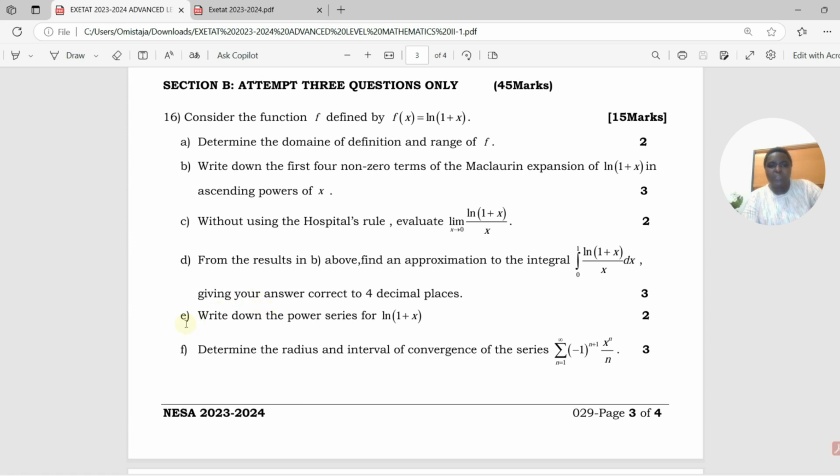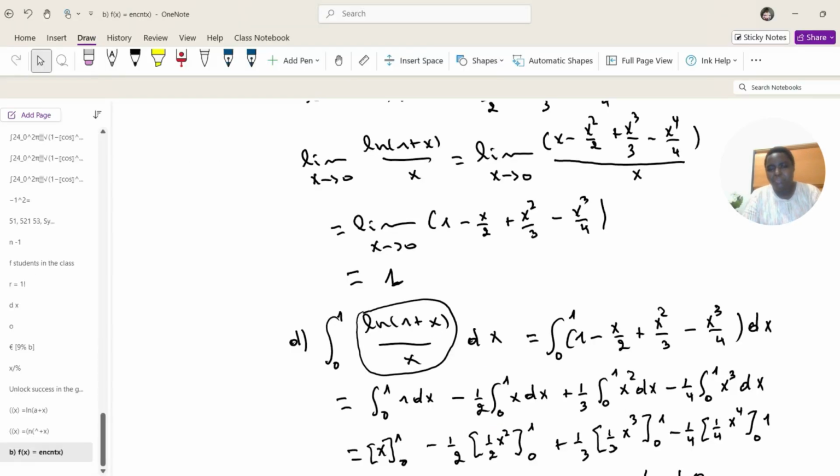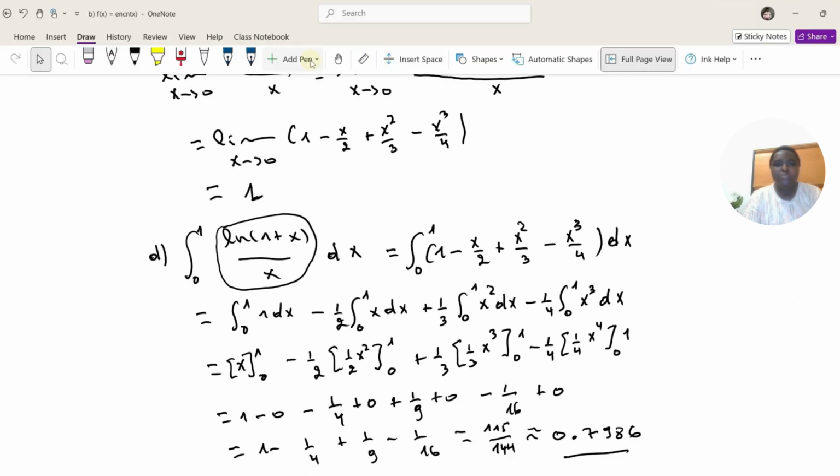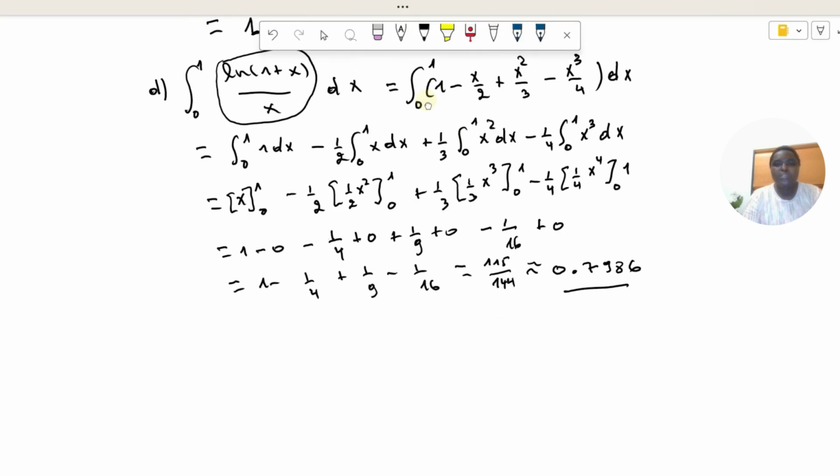Next, in E, we are asked to write down the power series for our function ln of 1 plus x. Write down the power series. Let's see.